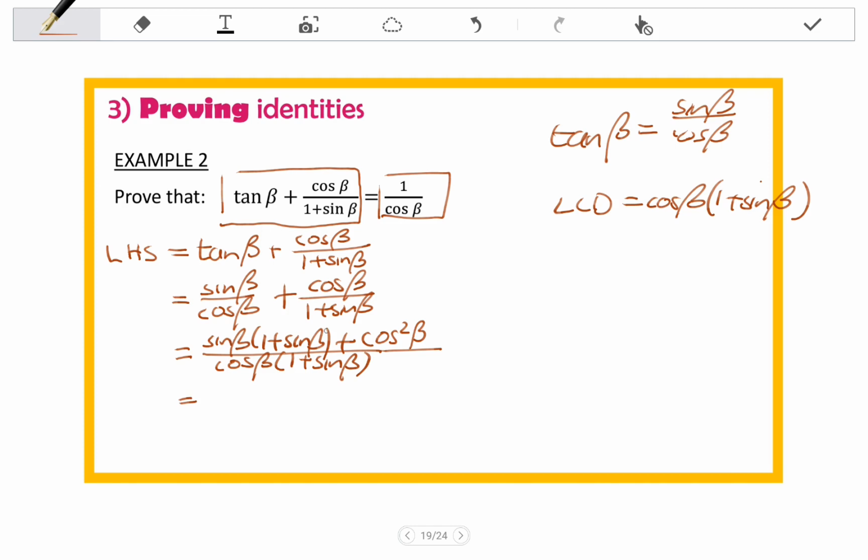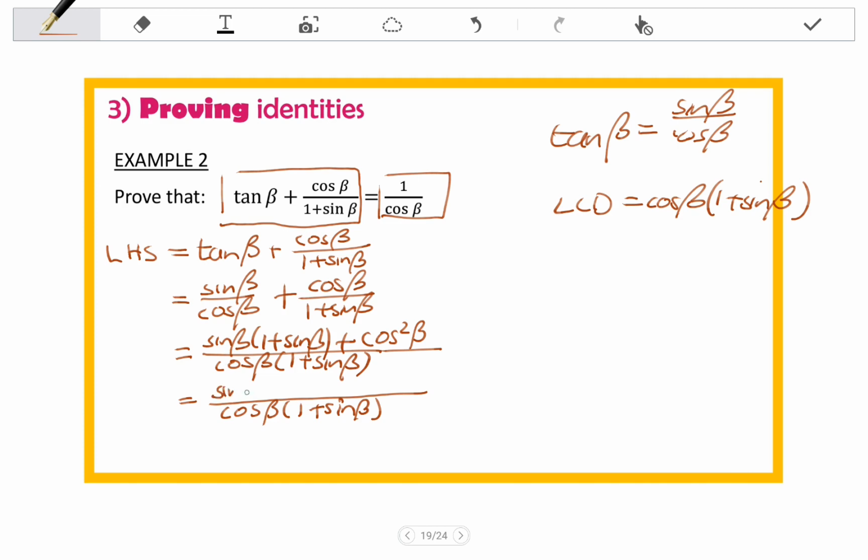Okay, simplifying this, so I'm not going to multiply out the denominator because my denominator in factored form is actually more useful because I'd like to be able to cancel factors if possible. But my numerator, I will multiply out the bracket because I'd like to simplify the numerator.